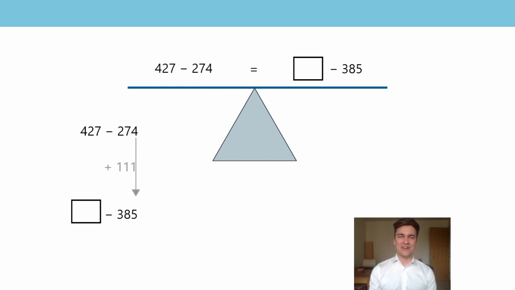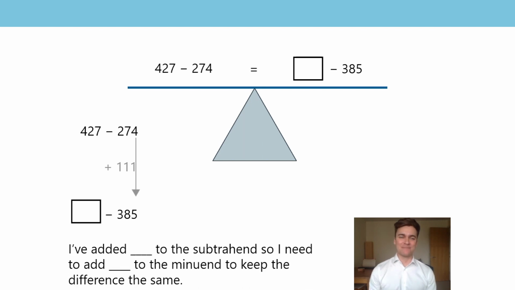The subtrahend has increased by 111. Now, I want the differences to be equal, and I know if I make some changes to the subtrahend, I need to make those same changes to the minuend to keep the difference the same.